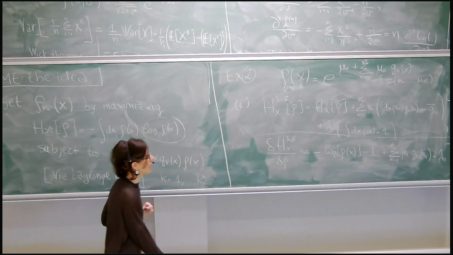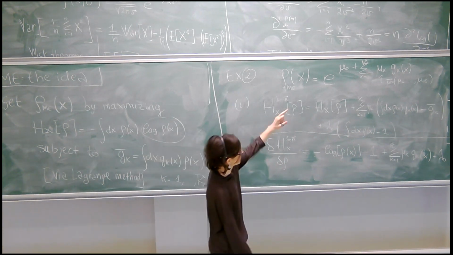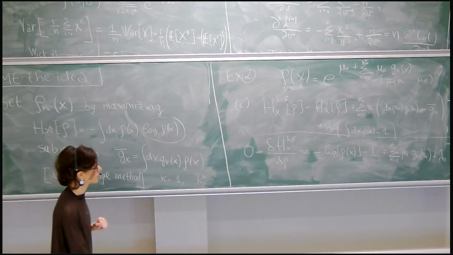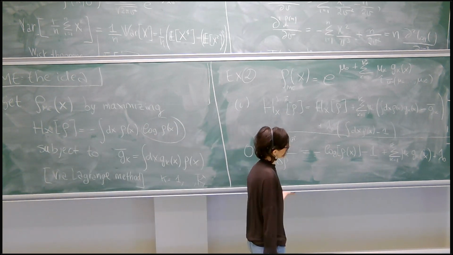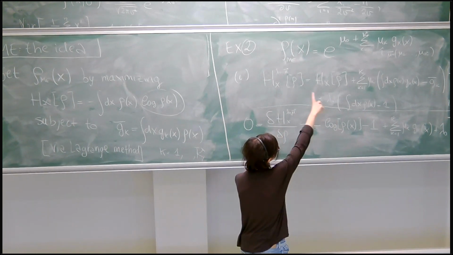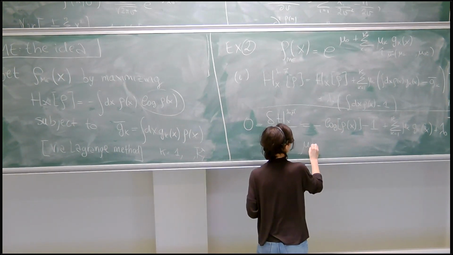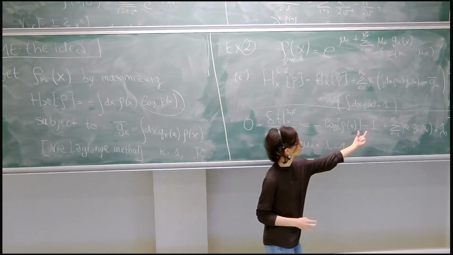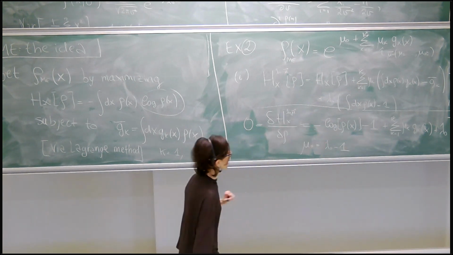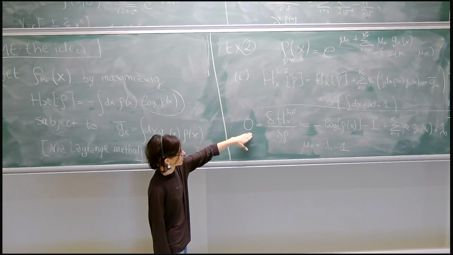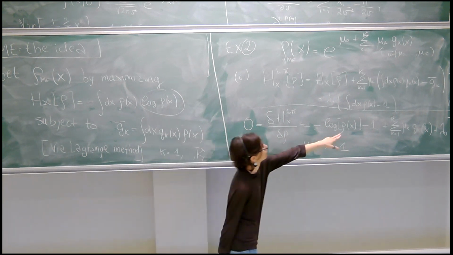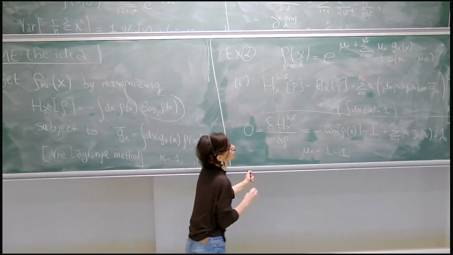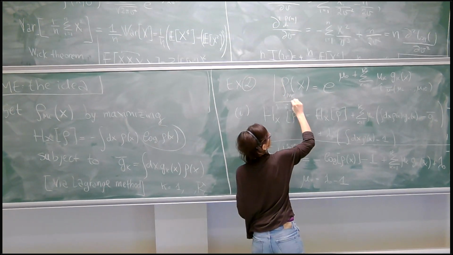Okay. And now in order to recover this, I have to impose this to be equal to 0 because I want the maximum. And you see, I introduced lambda 0 because I just wanted to call mu 0 as lambda 0 minus 1. So I absorb also this constant. And if you solve these equations equal to 0 for rho of x, you get out exactly the type of expression that you see in here.